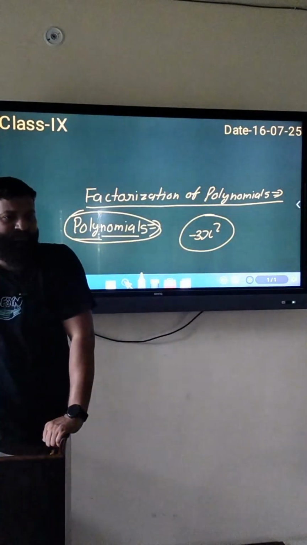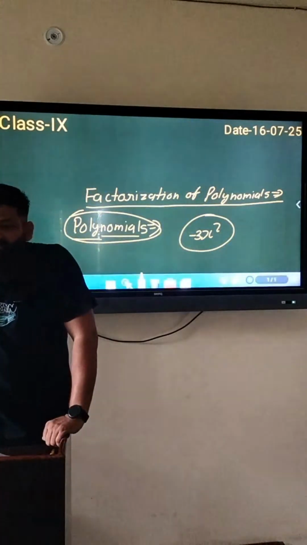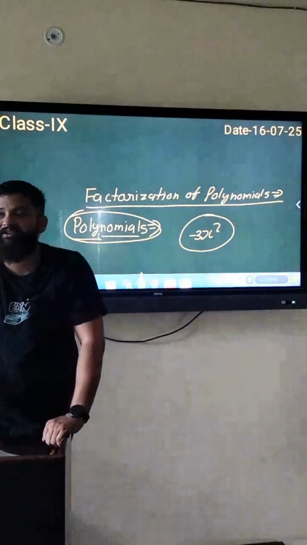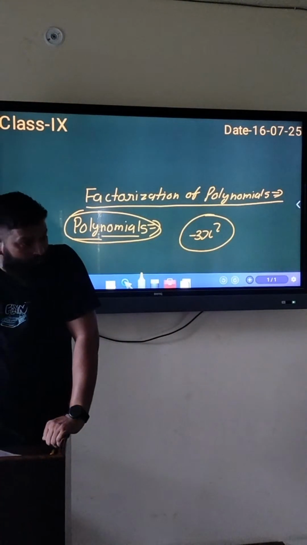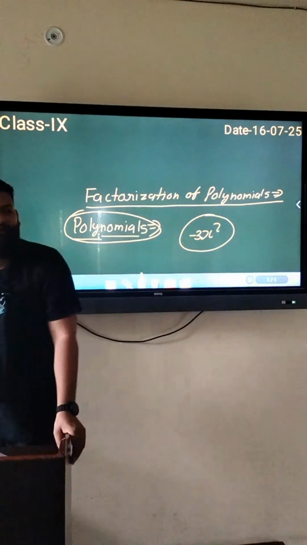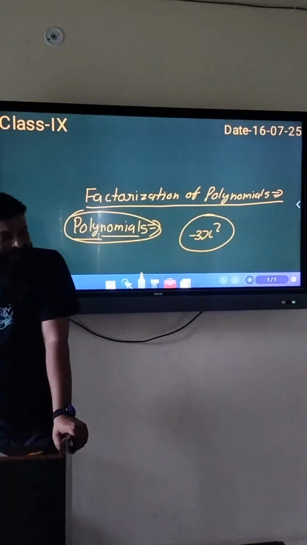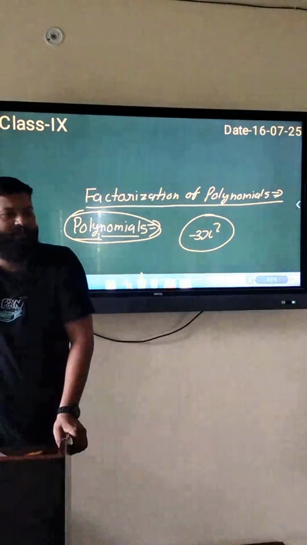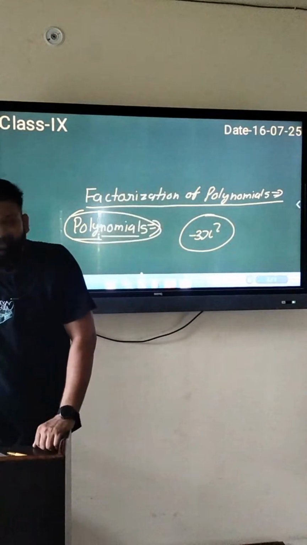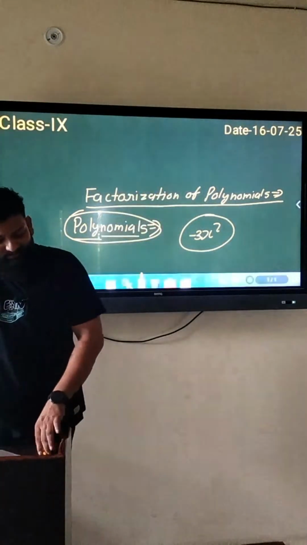Generally we can say that a polynomial is the combination of constant and variable. It can be one term, two terms, three terms, four terms, and infinite terms can be there. But there are some conditions.